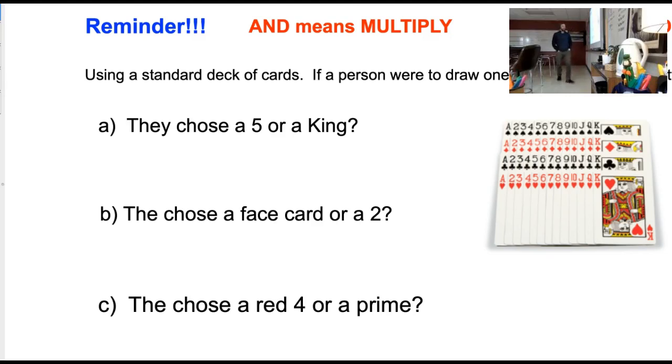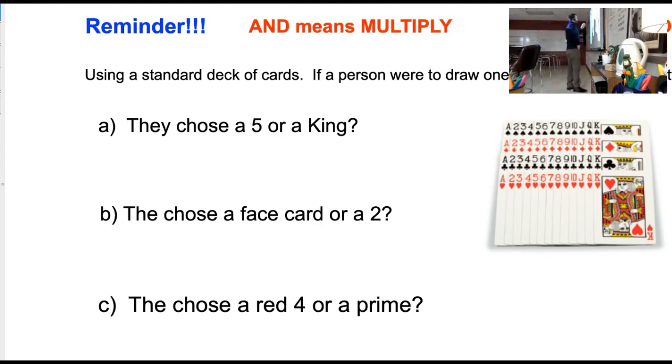So if we calculate some probabilities dealing with cards, let's say we have the probability of choosing one card, and that card is a 5 or a king. How many cards are a 5 or a king? 8, right? 4 and 4.